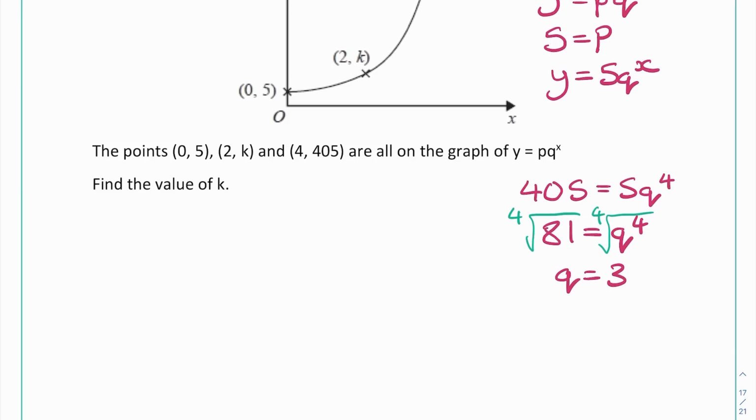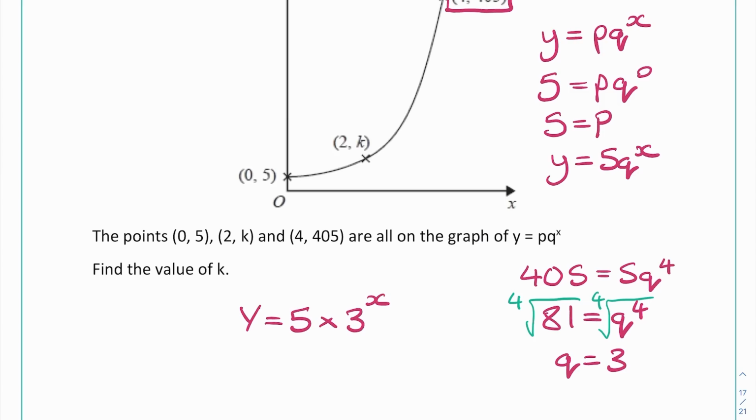We obviously now know the values of p and q, so we know the full equation. We now know that y will be equal to, p was 5, and that's going to be multiplied by 3 to the power of x. This is going to allow us now to find the value of k. So here we have the x coordinate, we just don't have the y coordinate.